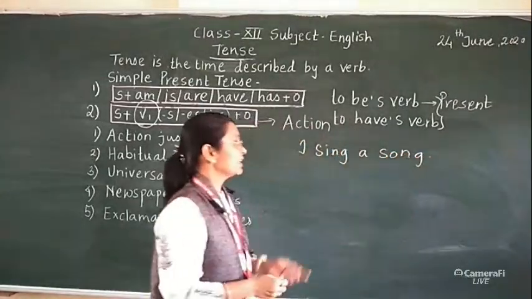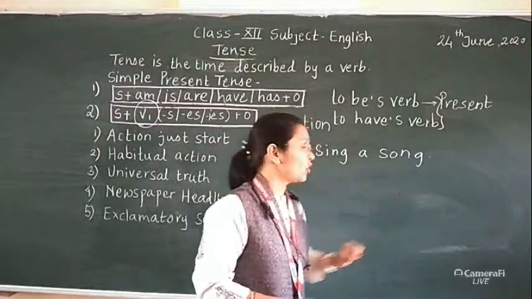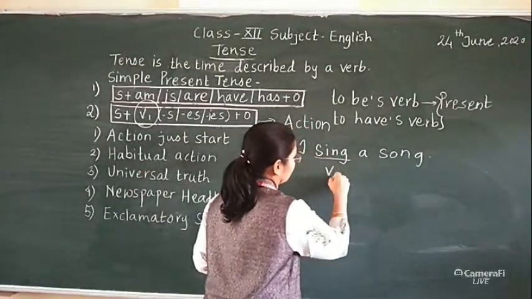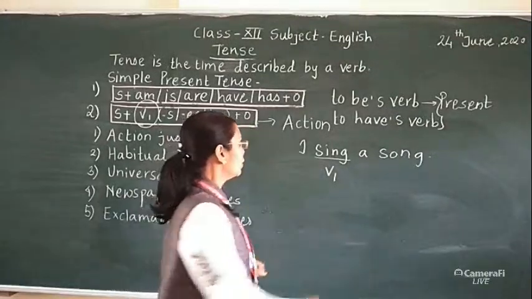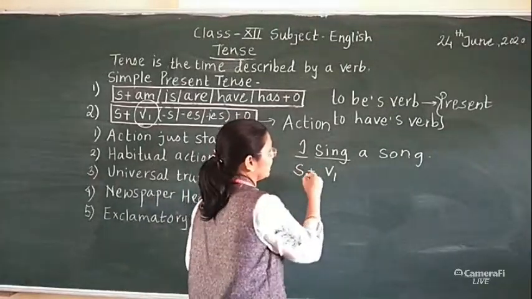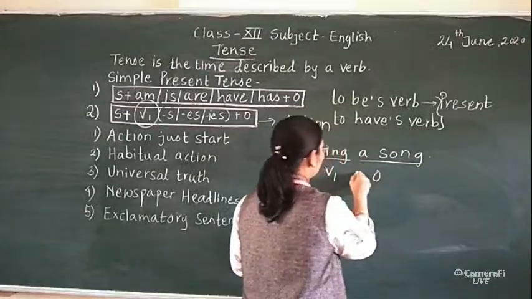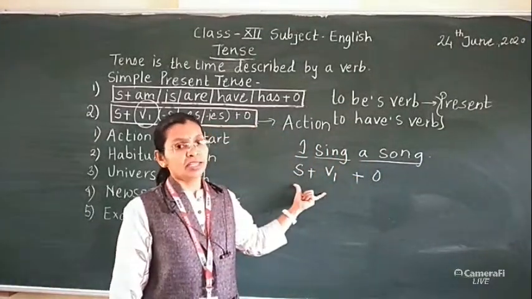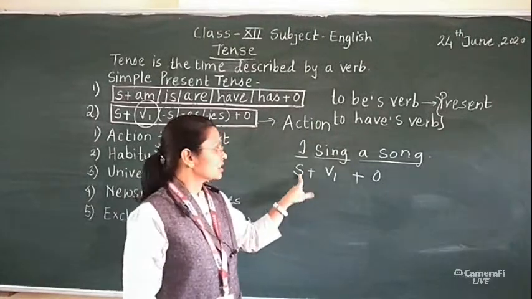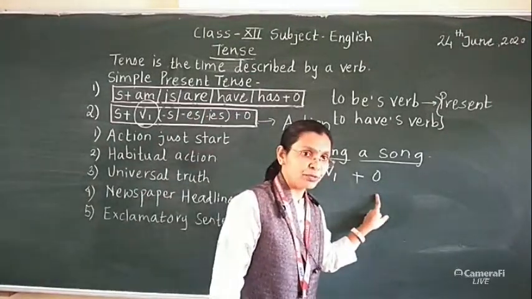So what is my sentence? I sing a song. Sing is V1, that means the base form of the verb. I is the subject and a song is the object. So automatically the formula is created. Understood? Subject plus V1 plus object.